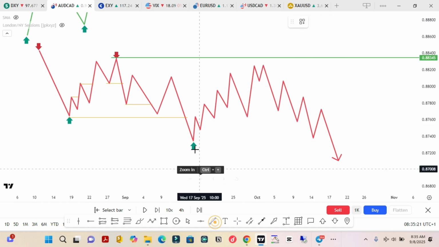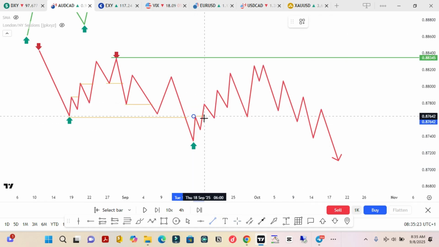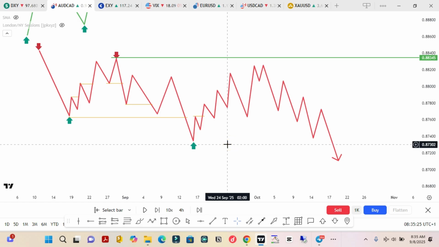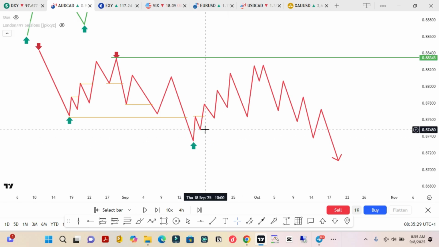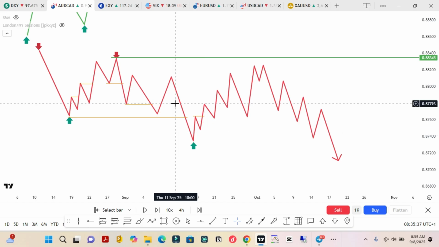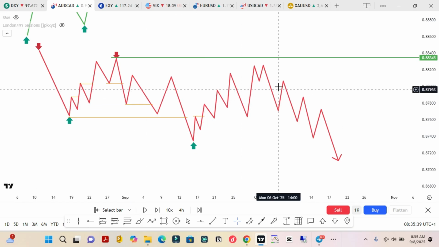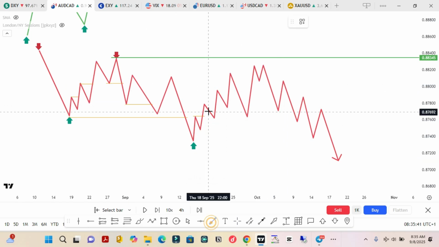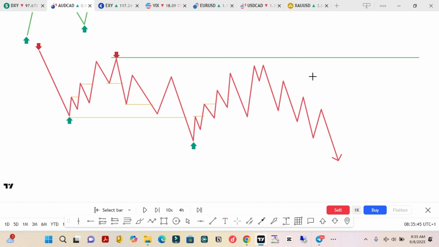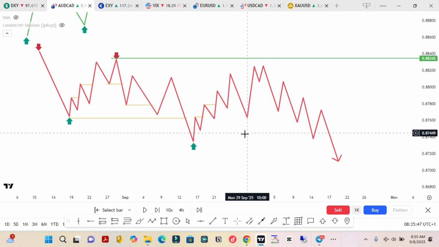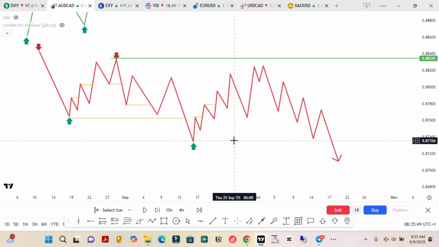Now you can see that when the price is retracing back, it's also breaking structures. Remember that this is the same time frame, so whatever we are seeing here is also valid. You can still say this is an uptrend, and you are right if you say that, because the price is clearly breaking structures also. But when it comes to this overall trend, we are still bearish.